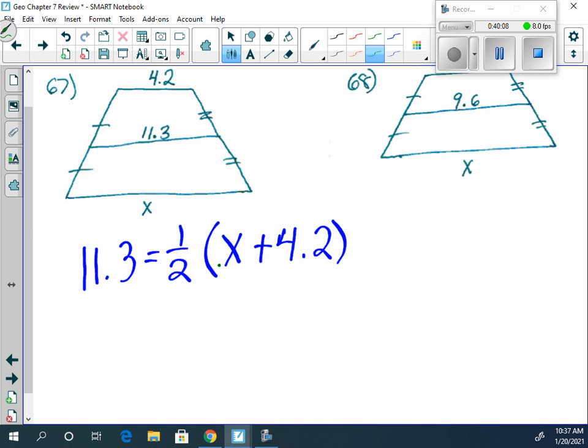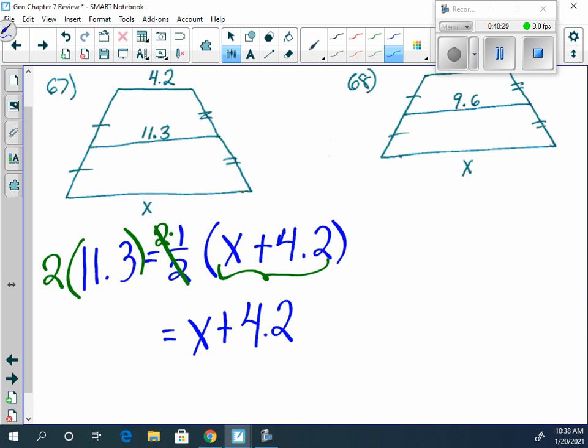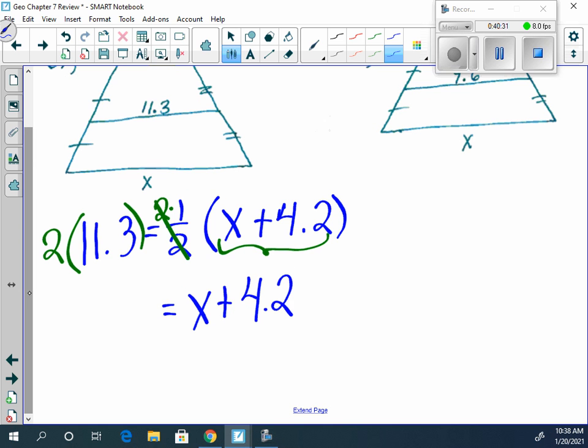I can't really combine x and 4.2 because they're not like terms, and multiplying by 1/2 would not be convenient. I can multiply both sides by 2 because 2 times 1/2 would be 1, which will just leave us with x plus 4.2. 2 times 11.3 is going to be 22.6.